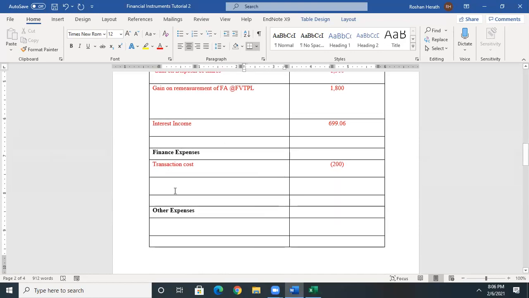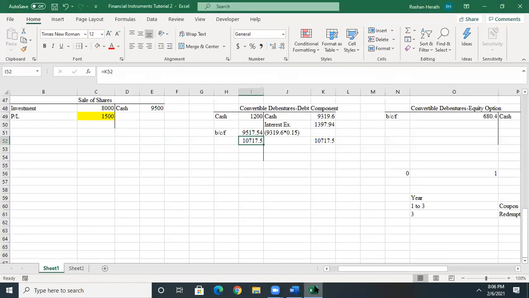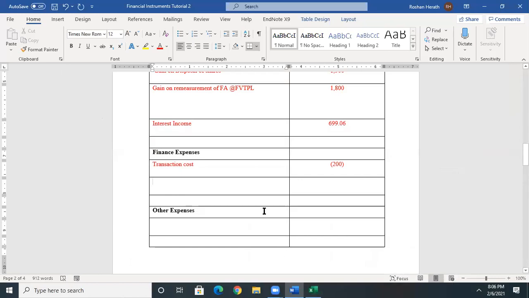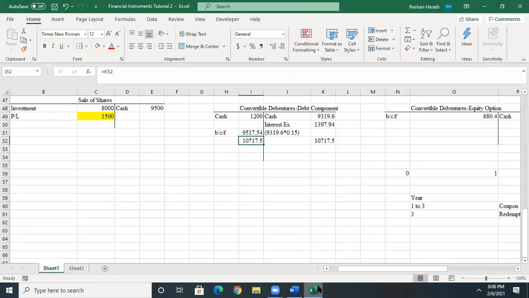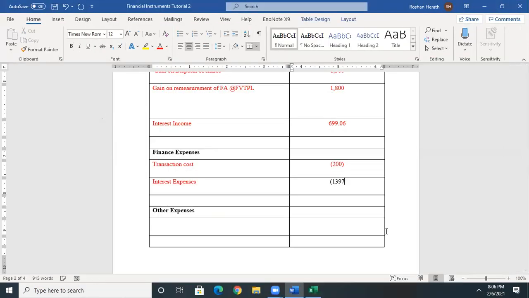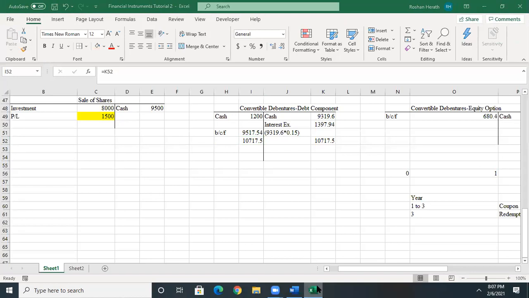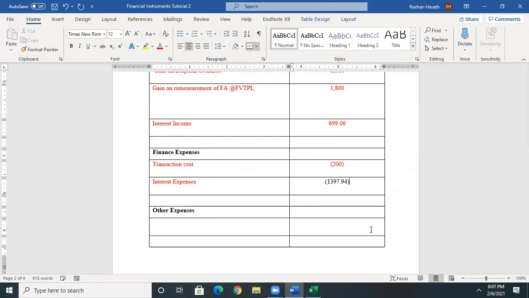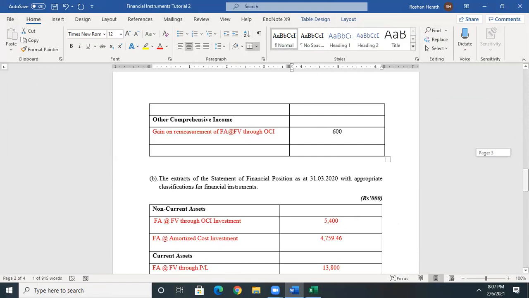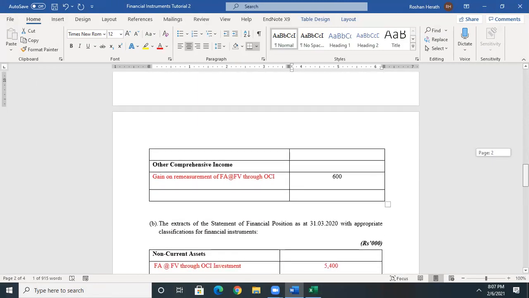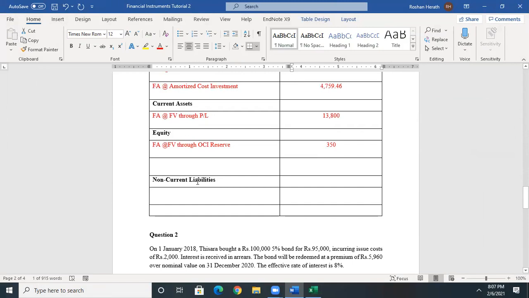Let's start from the beginning. Let's start with the finance expenses. That is interest expense. There it comes: 1,397.94. It's a finance expense. And then you have the equity.